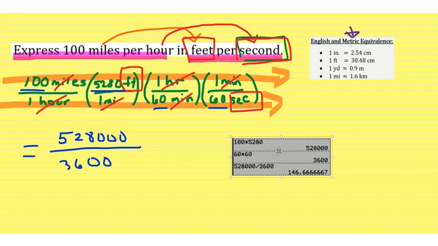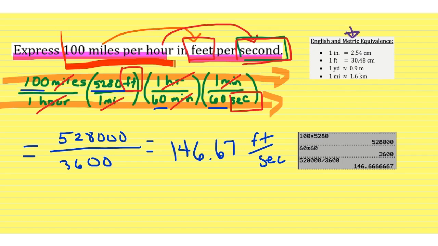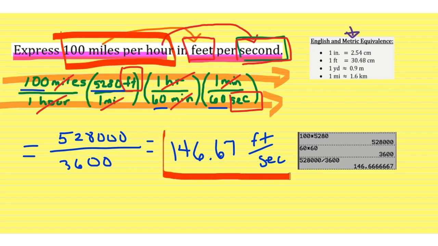And then that is going to reduce when we divide it out to 146.67 feet per second. So our final answer, 100 miles per hour is equal to 146.67 feet per second.